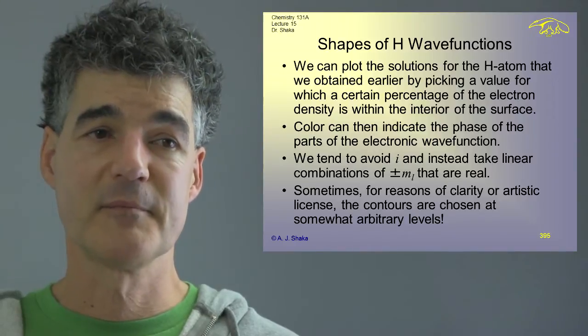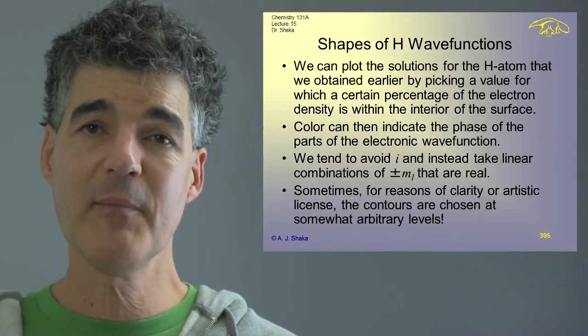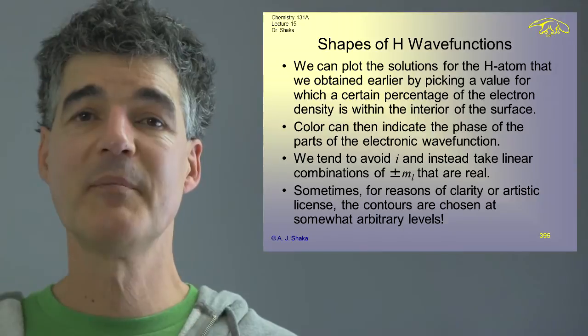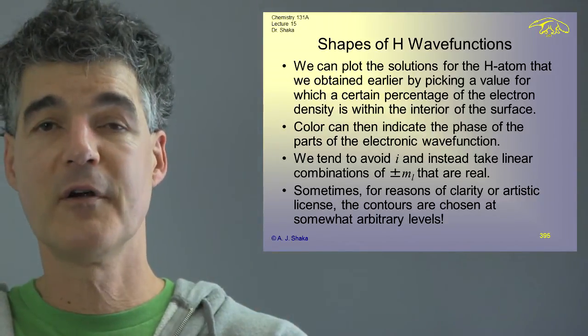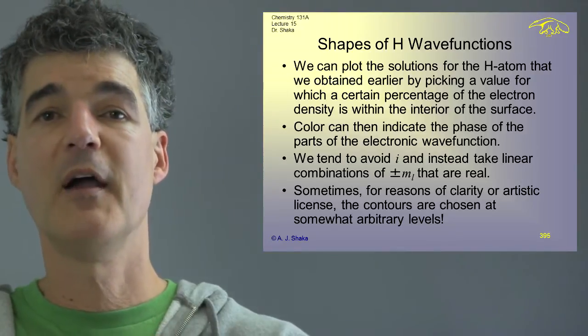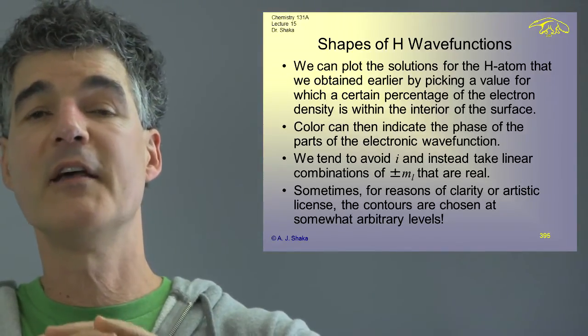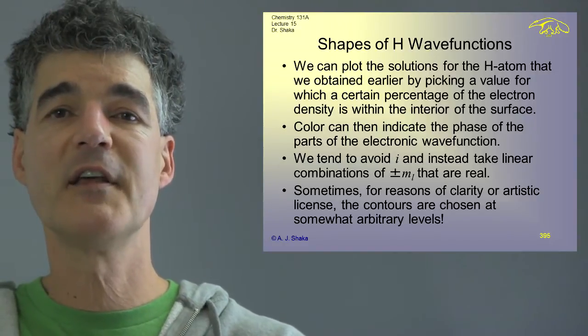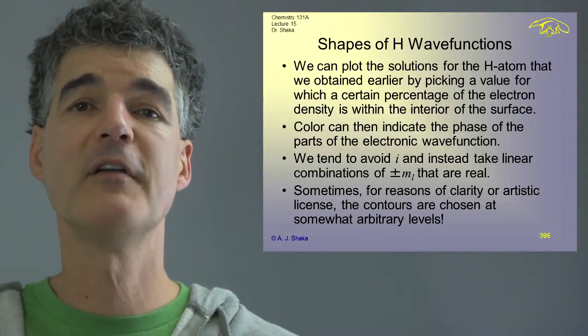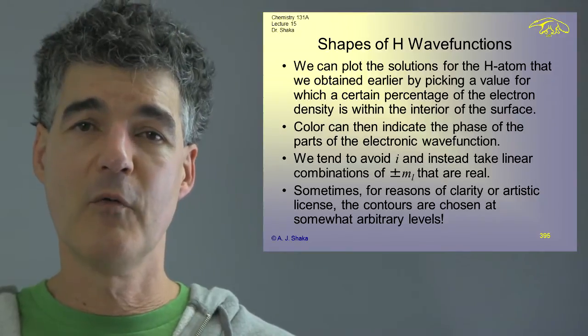We just plot the things. However, keep in mind that the plots depend a lot on the particular value of the contour that you pick. Do I pick that the electron has to have 99% probability of being inside this thing, or 50% probability, or whatever?